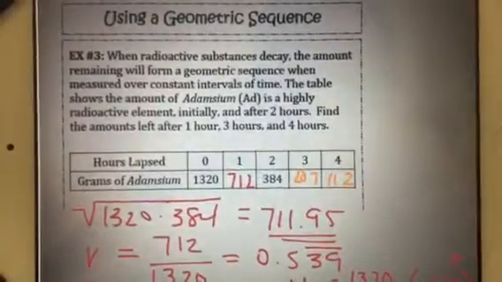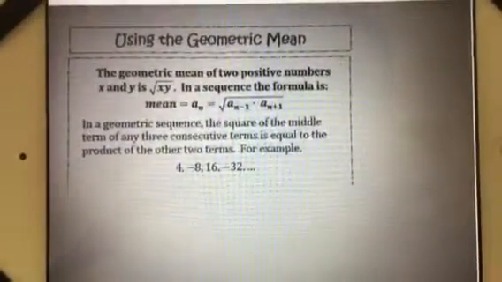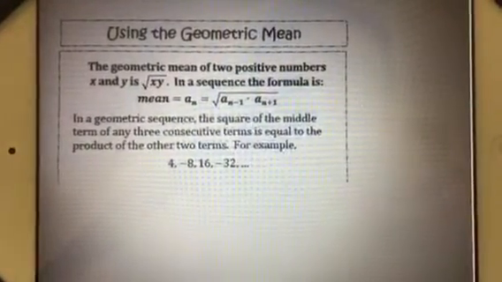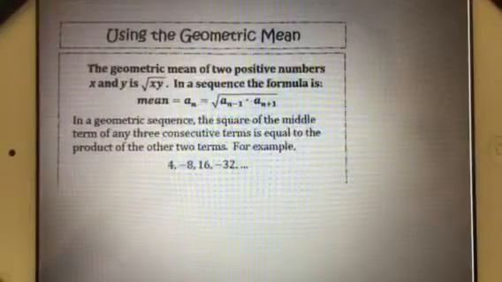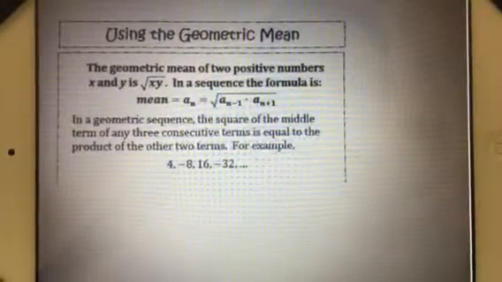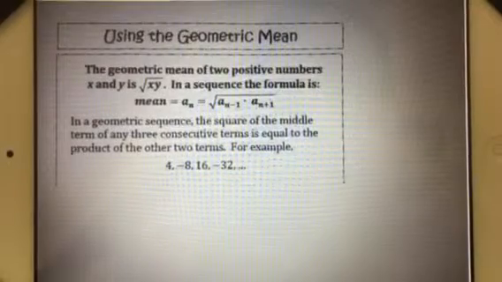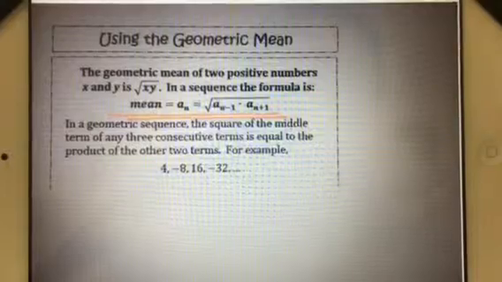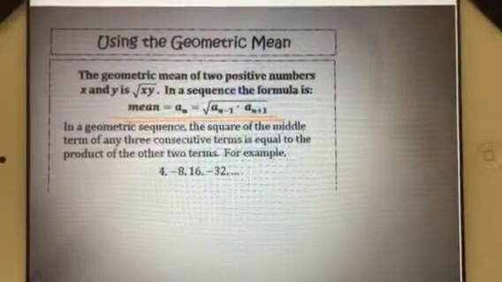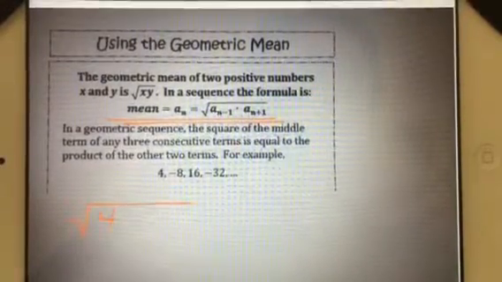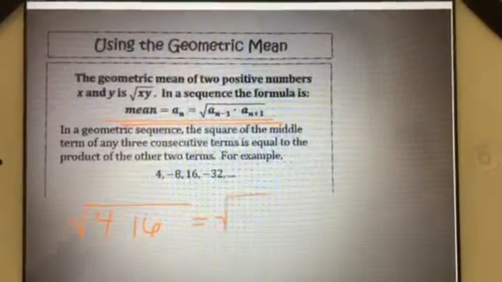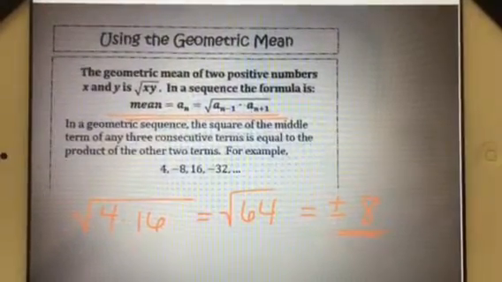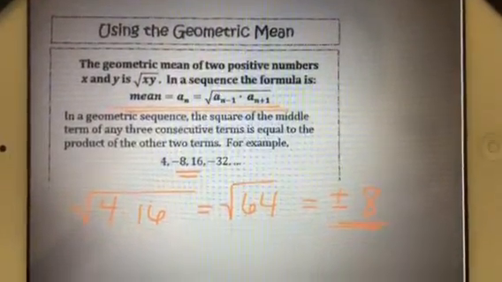and 112. I've given you again the geometric mean formula, which simply states the geometric mean of two positive numbers, x and y, is the square root of the product of those numbers. In a sequence, the formula is given to you as is. So here, if we look at this example, if we take the square root of 4 times 16, well, that's simply the square root of 64, which is plus or minus 8, which is the value we have in the middle.